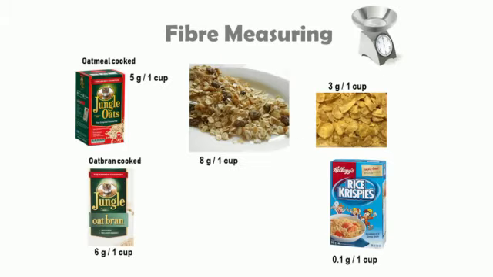1 cup of oatmeal has 5 grams of fiber, while 1 cup of oat bran has 6 grams of fiber. There is 5 grams of dietary fiber in 1 cup of muesli and 3 grams in cornflakes. Very little fiber is found in Rice Krispies.